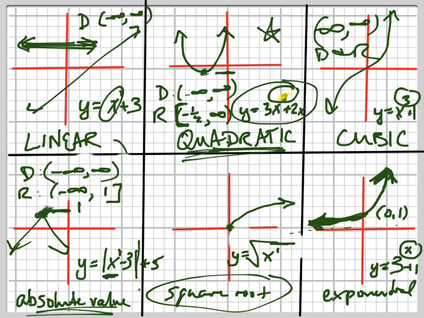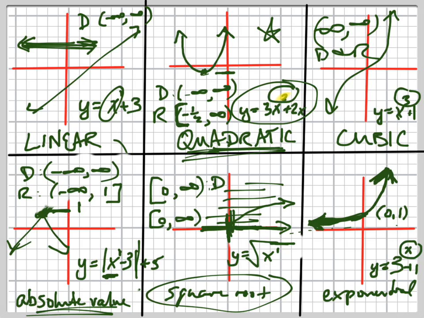Square root functions, notice that the domain and range are both going to be limited. The domain is limited. This one starts at 0 and goes to the right, so it's from 0 inclusive to positive infinity. And the range is the same for this particular one because it starts here. I'm scanning it horizontally and going up. It's going to touch every y value bigger than or equal to 0, so every one is going to have a point related on that graph.